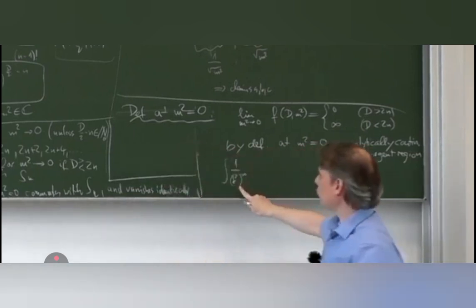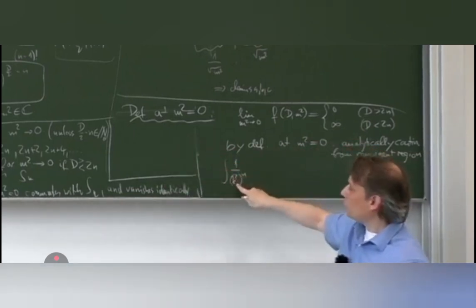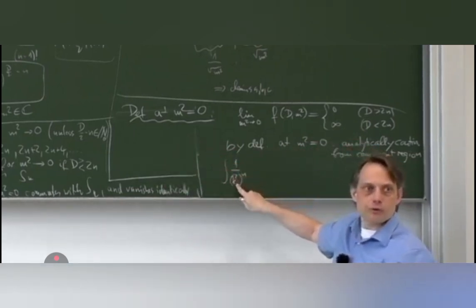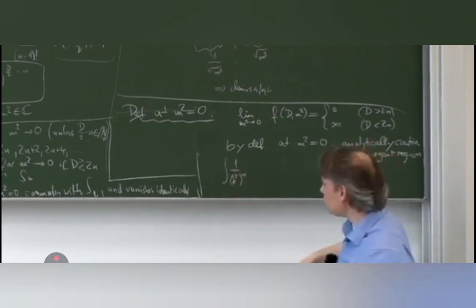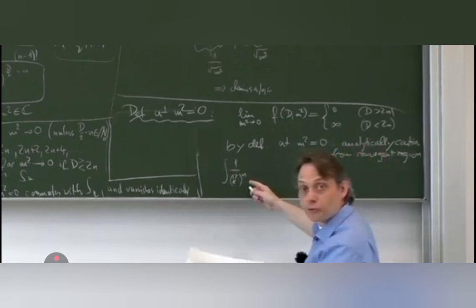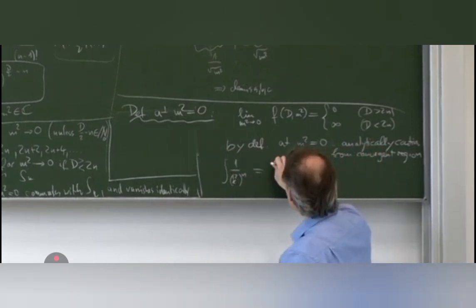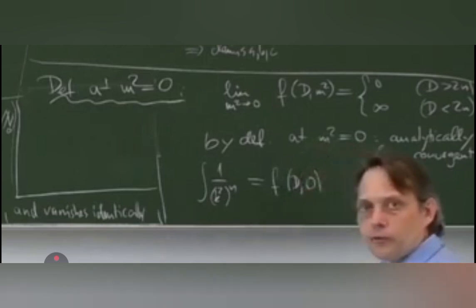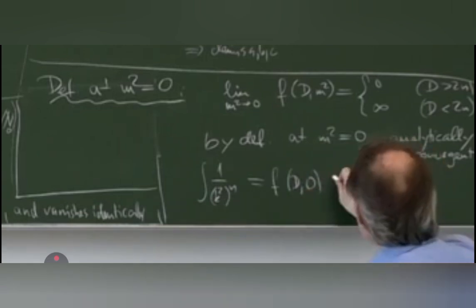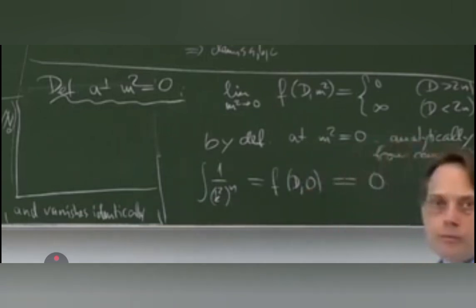So this is exactly the integral at m square equals 0 exactly. So we set the mass to 0, and then we have exactly that integral, which is a scaleless integral that would be defined to be f of d and exactly a 0 argument, and this is defined to be 0 by analytic continuation.